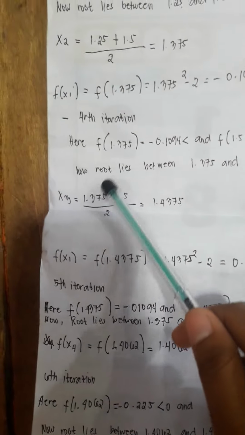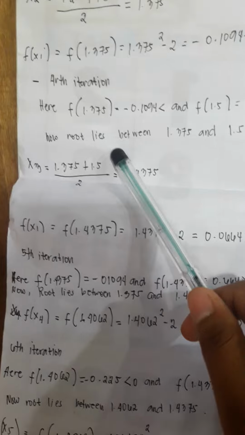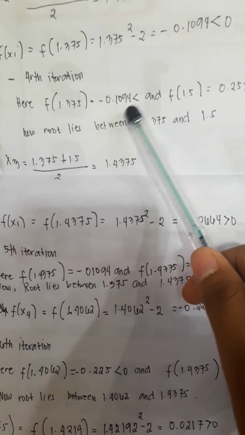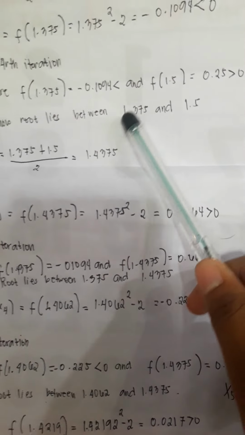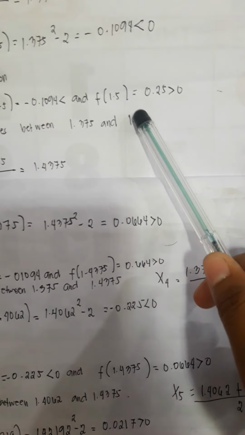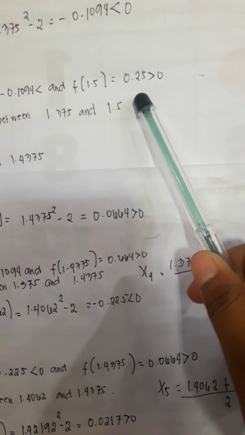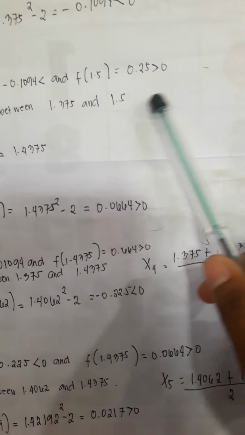Fourth iteration: f of 1.375 equals negative 0.1094, which is less than 0, and f of 1.5 equals 0.25, which is greater than 0.